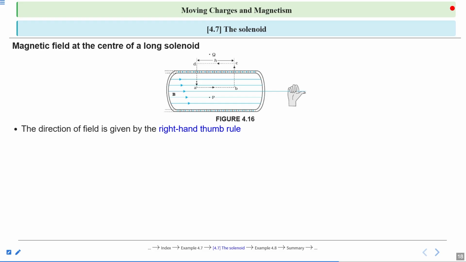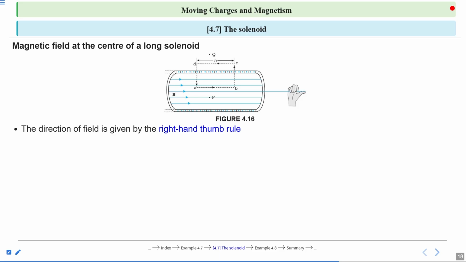So curl your fingers in the anti-clockwise direction as shown in the figure at that end of the solenoid. The thumb is pointing away from the solenoid. That means the direction of magnetic field lines is perpendicular to this cross section of the solenoid and outwards.